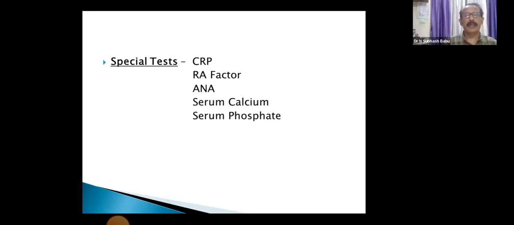And some special tests: CRP, we have already discussed, RF factor we have discussed, ANA we discussed. Then serum calcium, phosphorus, and serum magnesium. We get a number of osteoarthritis patients, and patients with many bone and bone mineral disorders.